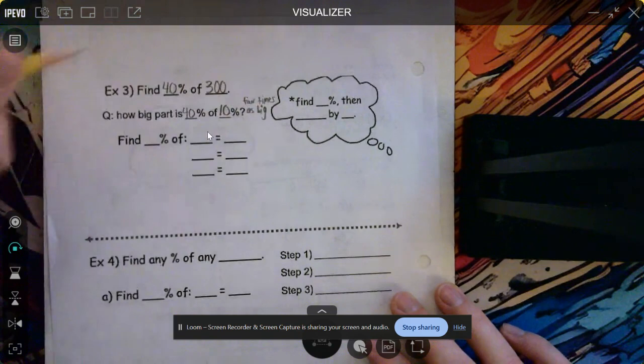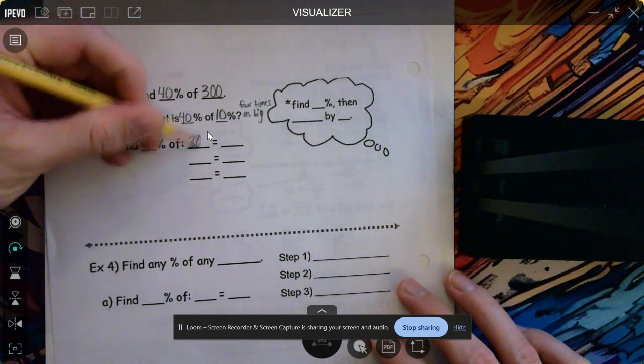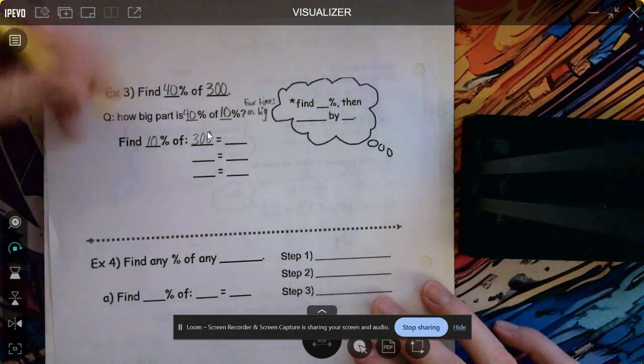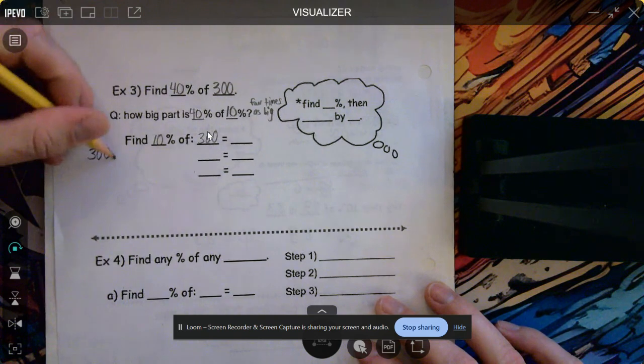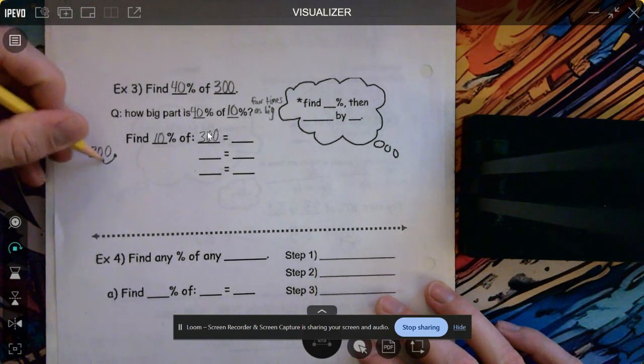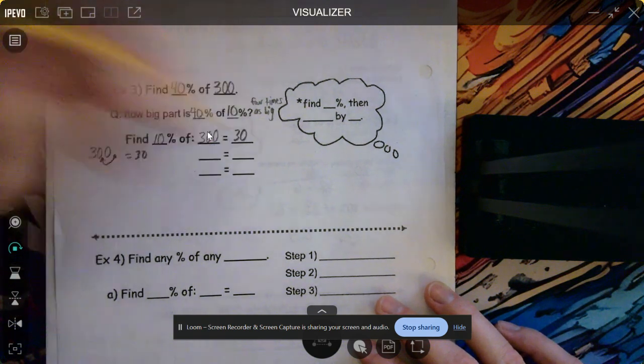So we're going to be multiplying by 4. So we first need to find 10% of 300. What is 10% of 300? Well, if we look at 300, put a decimal point after the 0 and move it 1 to the left, we see that it's 30. So 10% of 300 is 30.